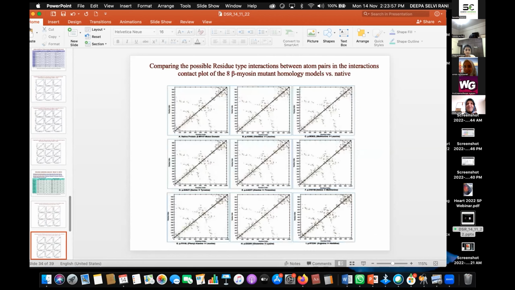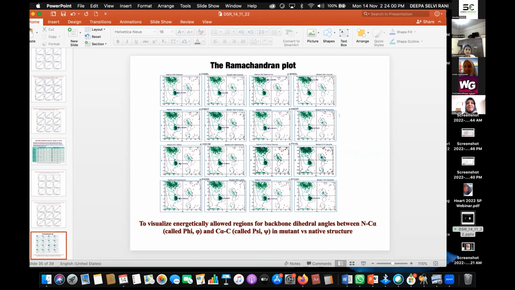These are the plots which we studied. We even studied the Ramachandran plot to visualize the energetically allowed region for the backbone dihedral angles phi and psi in mutant versus native structure.